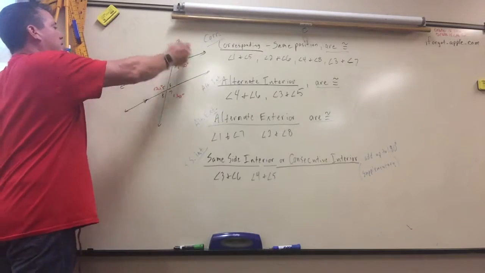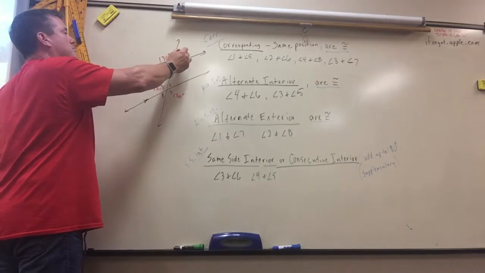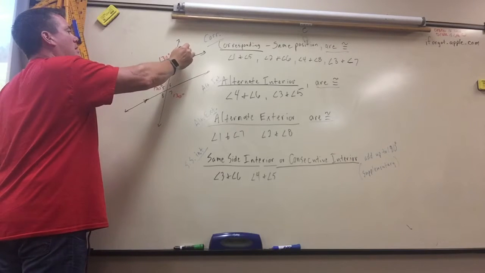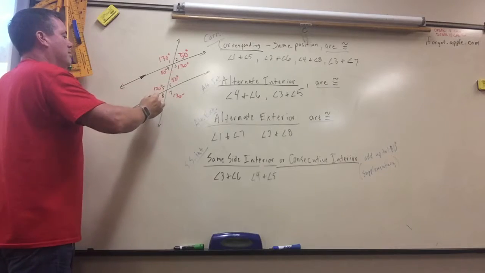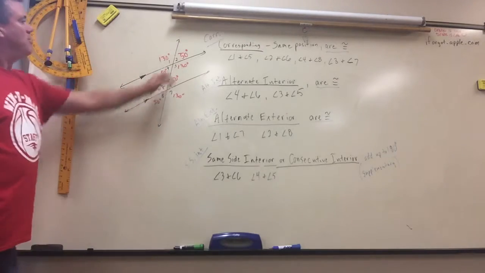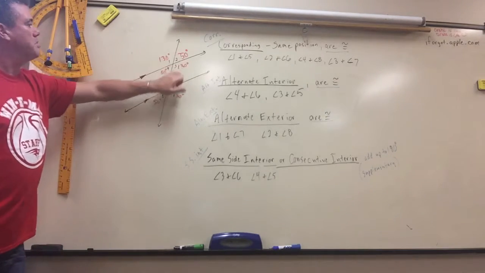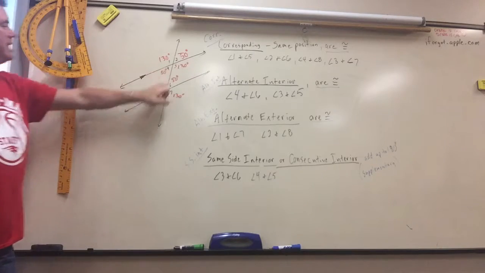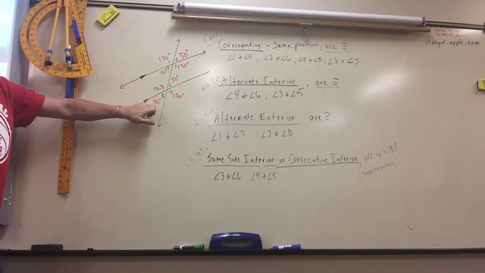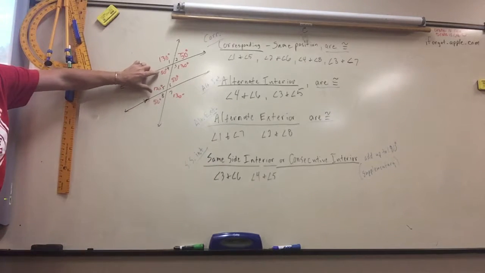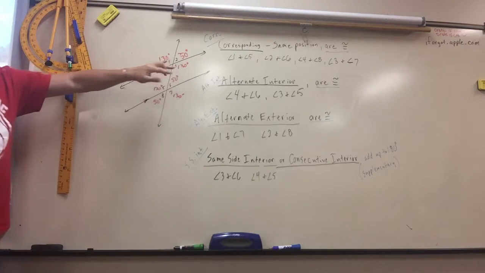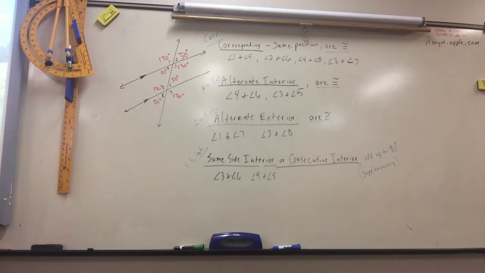Now if you know one angle, you know the one next to it. 50, which means this is 50, 50, 50. Vertical angles are congruent, corresponding angles are congruent, alternate exterior are congruent, and alternate interior. And then the last one, same side interior, add up to 180. So any 2 angles you pick will either equal each other or add up to 180.